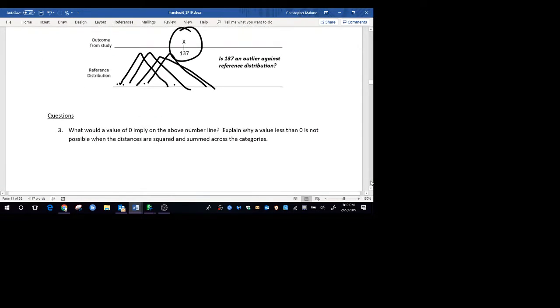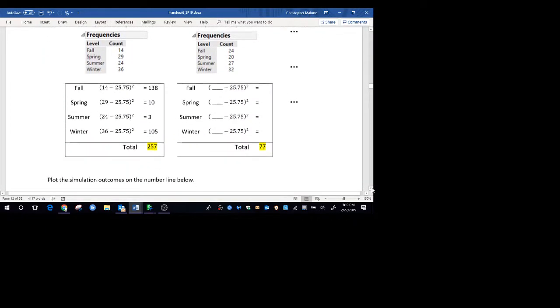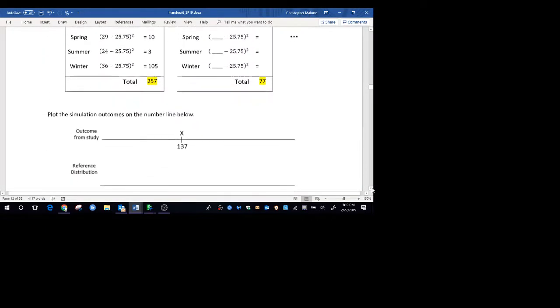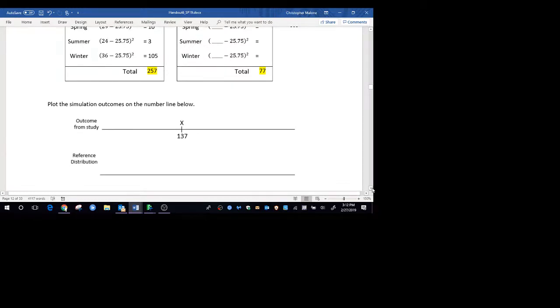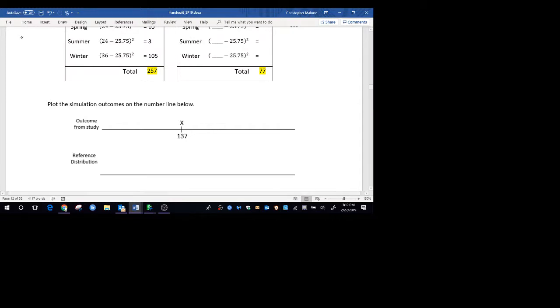So that first simulation resulted in a value of 257. So I can go ahead and put an X there at 257. That's going to be, let's see here, that's 137. 257 is going to be probably somewhere like that. Maybe a little bit further out.